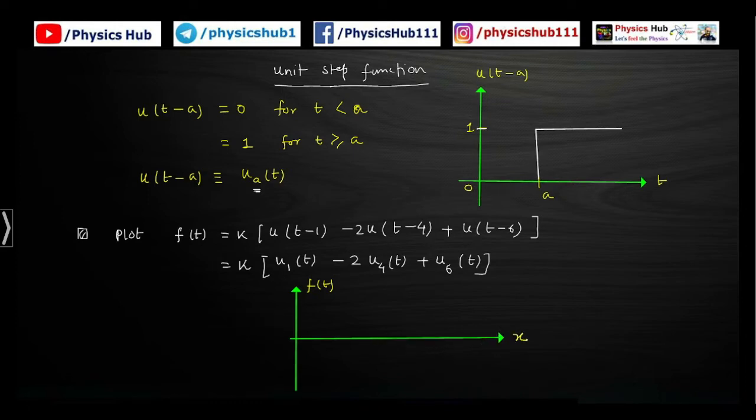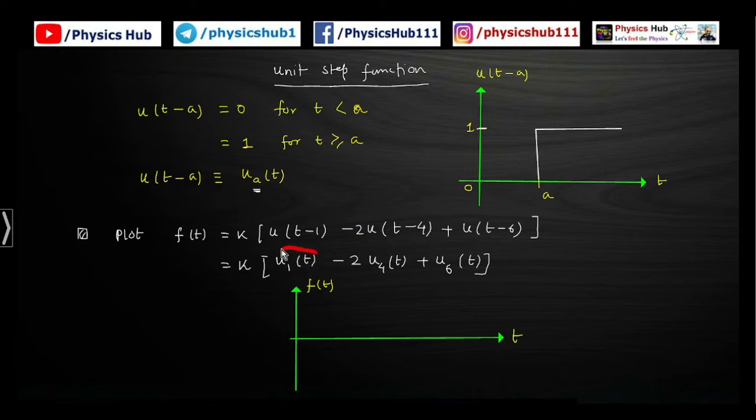Let's say this is your t-axis. This is where we plot f of t versus t. So before going into that, you see here what we have: k into u of t minus 1, minus 2u of t minus 4, plus u of t minus 6.